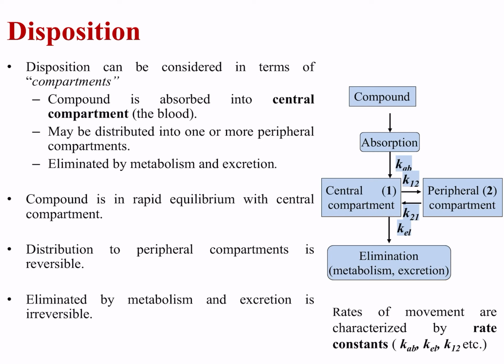Finally, it can be eliminated by metabolism and excretion. As is indicated by the mathematical constants K, a compound is in rapid equilibrium with the central compartment, and distribution to peripheral compartments is reversible, as indicated by the arrows. On the other hand, elimination by metabolism and excretion is irreversible, as you might think.